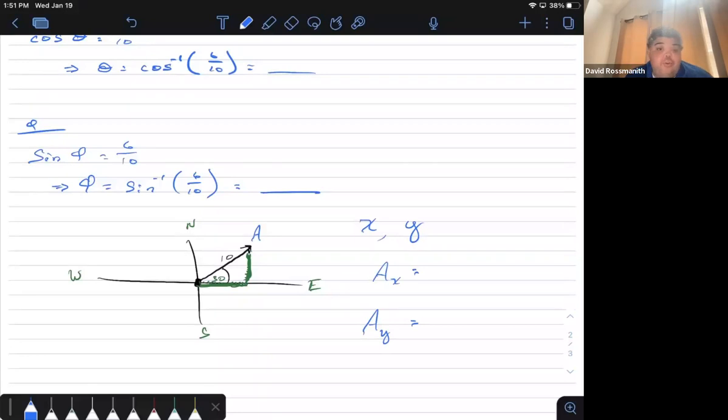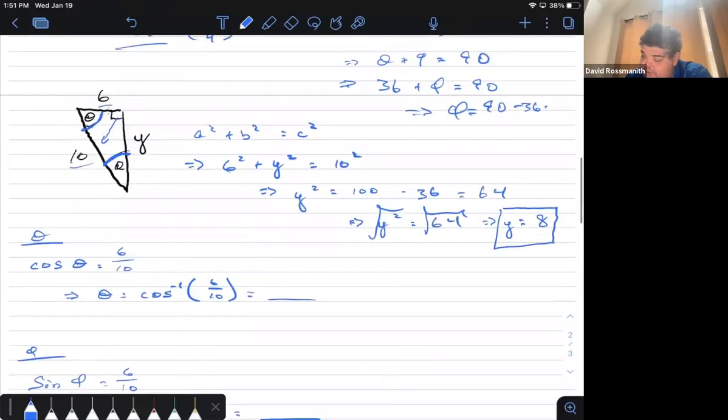Now, I just gave you the biggest clue you could possibly see about how to do this. Take your vector, you make a little right triangle out of it by having a horizontal side and a vertical side. And then all you're looking for, there's the x, there's the y. You have a right triangle problem. Calculate these two sides, given you know the hypotenuse and you know an angle.